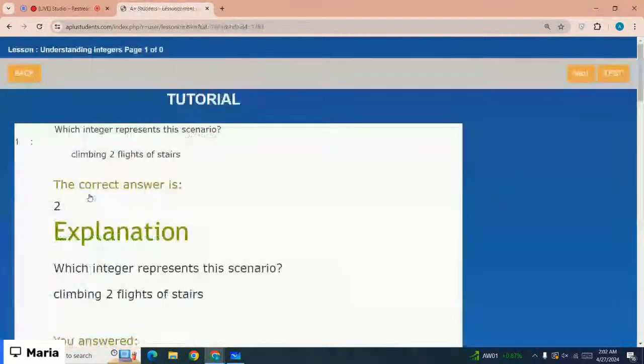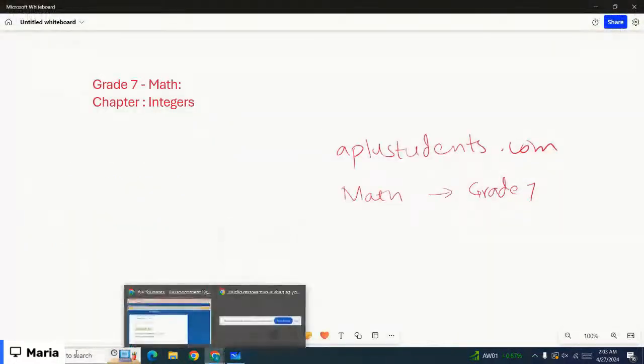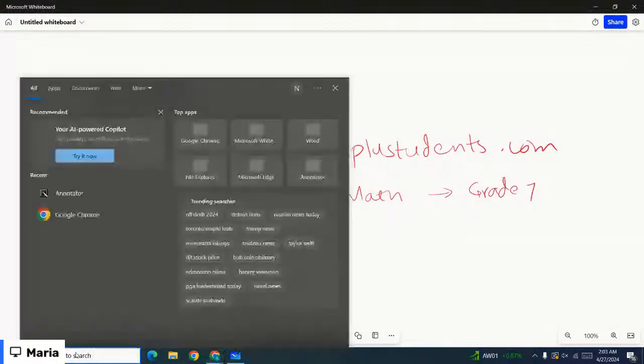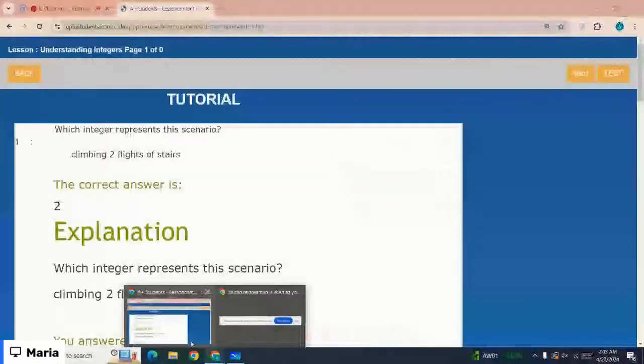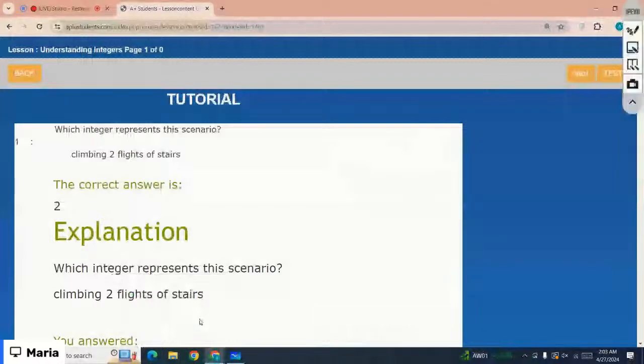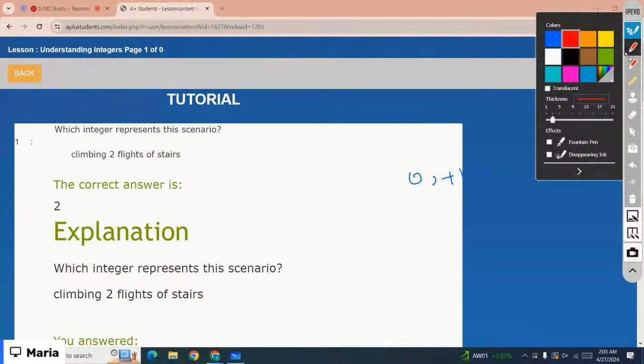First we are going to learn what integers are. Integers are the positive and negative numbers including 0, right? Integers include all the positive numbers and all the negative numbers including 0.